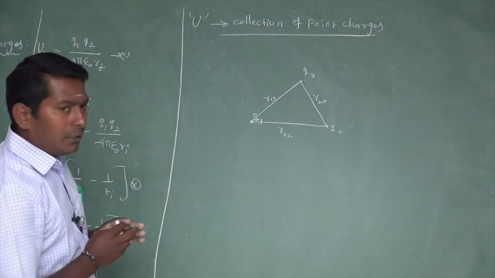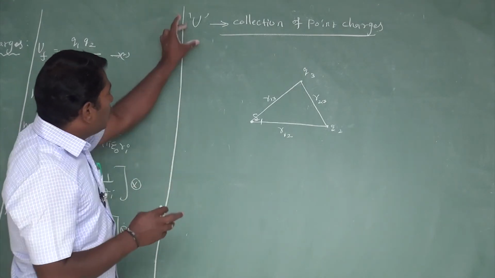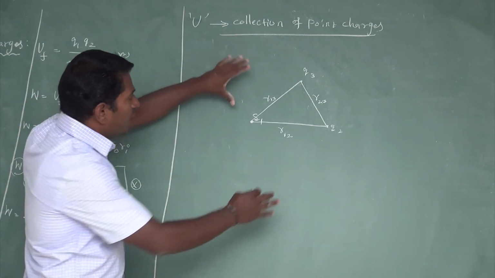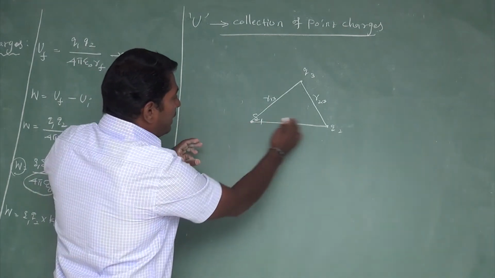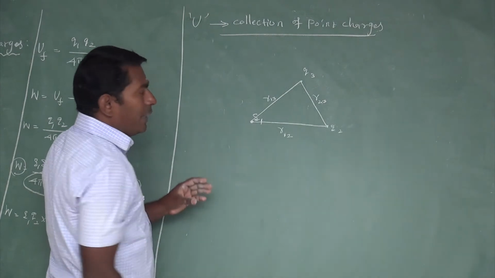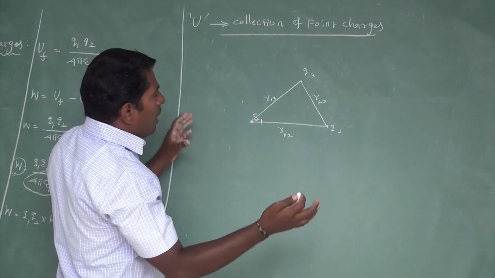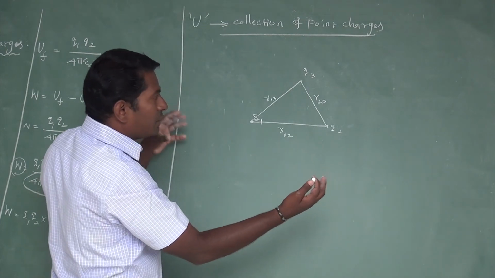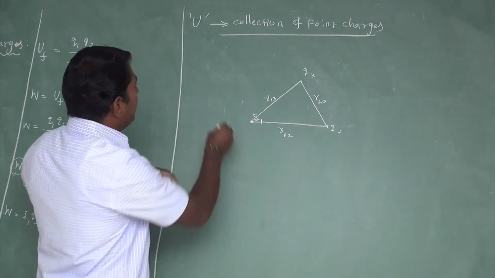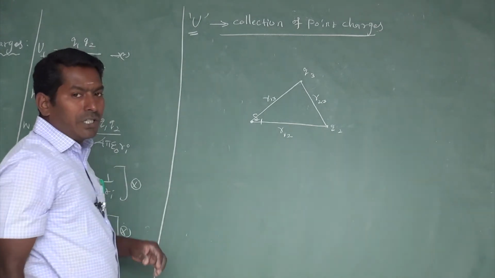So, very simple. Electrostatic potential energy of a collection of three point charges: Q1, Q2 and Q3 are assembled in a particular configuration from infinity. Work has to be done. That work done is stored as electrostatic potential energy.